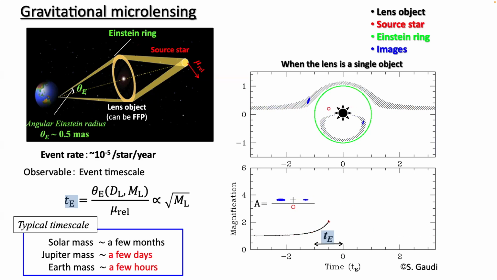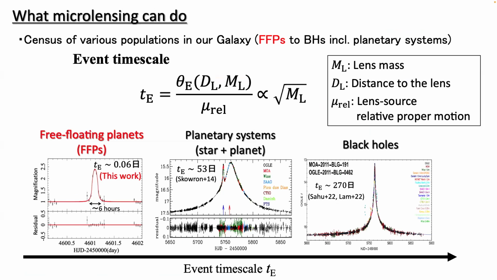So by observing many microlensing events with different time scales, you can do a census of various populations in our galaxy, from free-floating planets to black holes, including planetary systems. These populations are very interesting, but of course I focus on the free-floating planets.